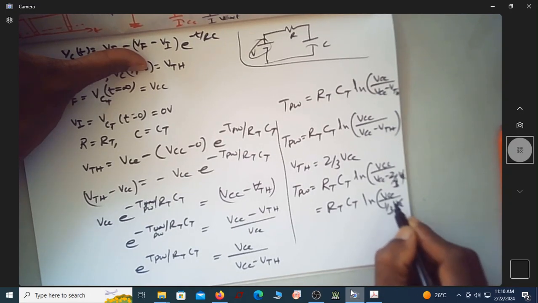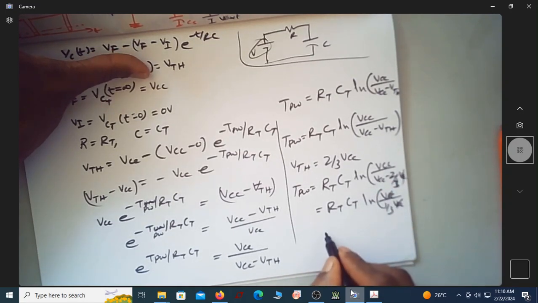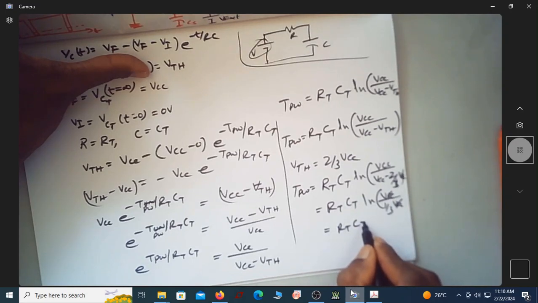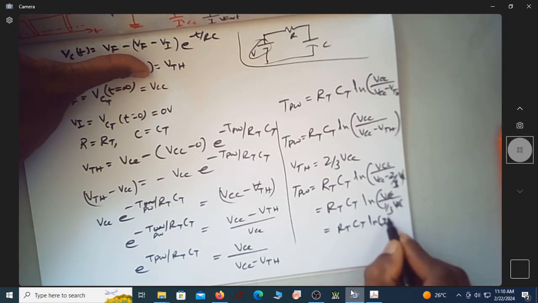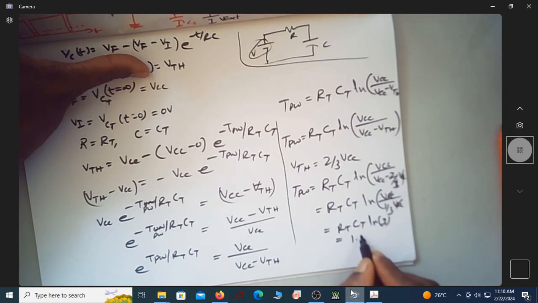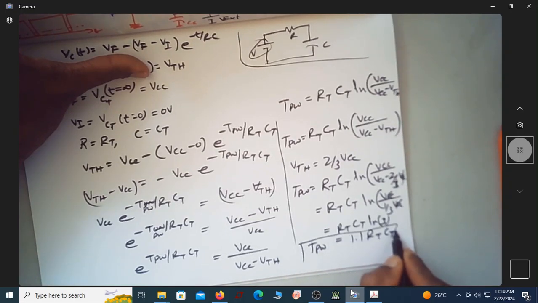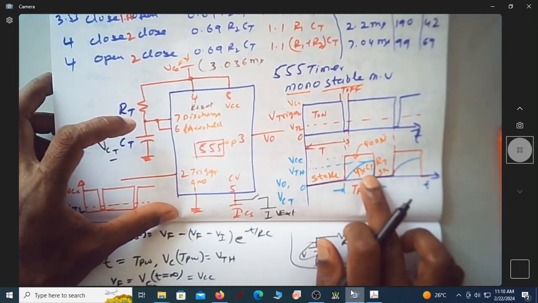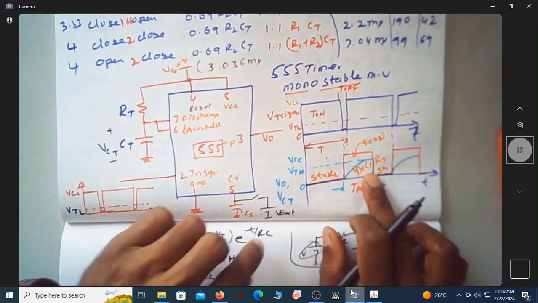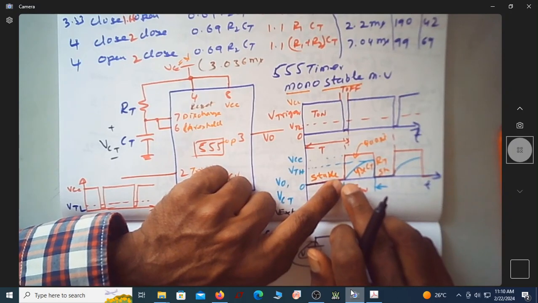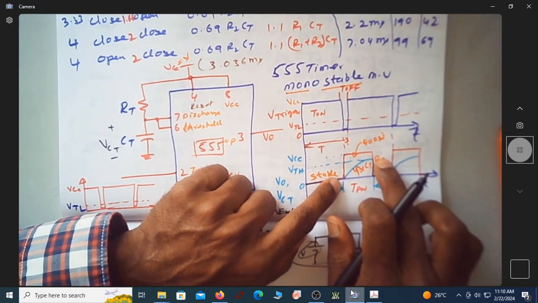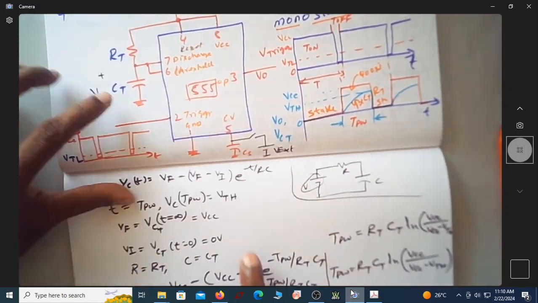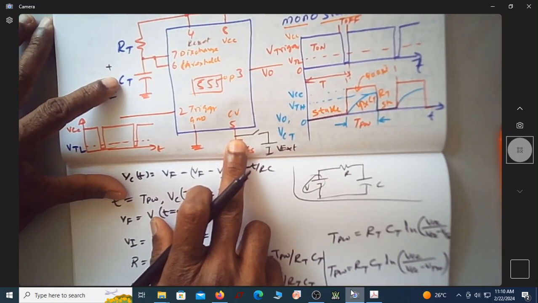This will go and this 3 will go up. It is now RT CT ln of 3. ln of 3 is approximately equal to 1.1, so TPW is 1.1 RT CT. This is the expression for the pulse width of this monostable multivibrator for a capacitor to charge from 0 to VTH, provided this voltage is 2/3 VCC.